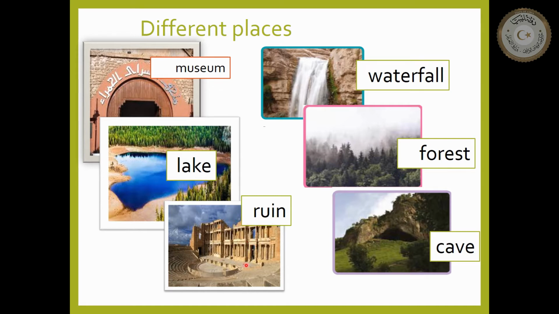Ruin. What's ruin? It's an old building. Ancient building. It's like Subrata. Here we have waterfall. It's a high place, and the water falls down. We can find this place in the mountain. It's like Darna waterfall. Forest.